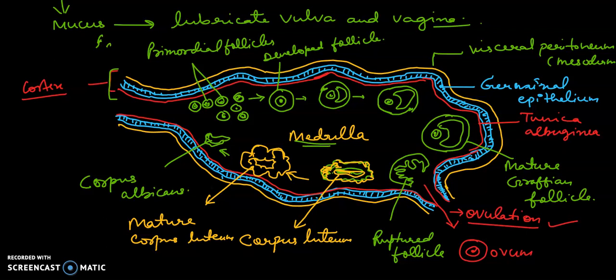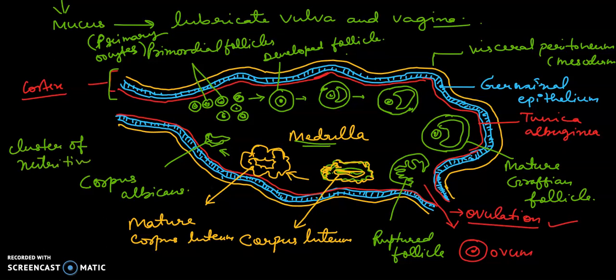Each of these primary oocytes will be surrounded by a cluster of nutritive cells.